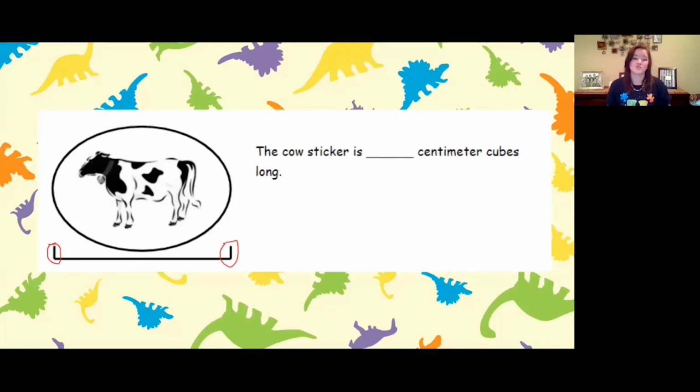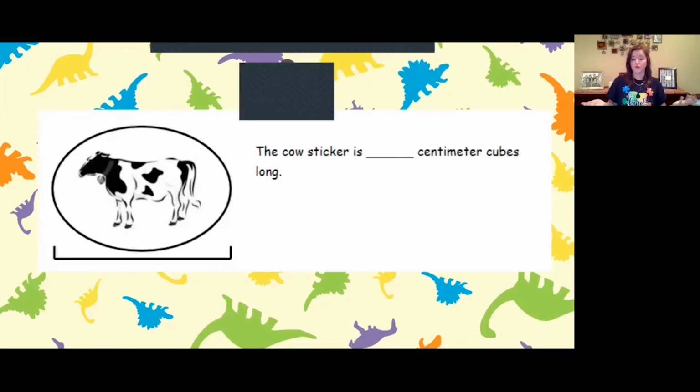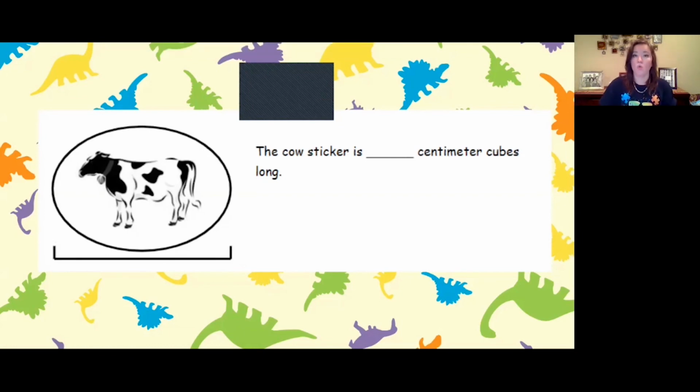All right, so now I'm going to ask you guys to take those manipulatives that we just made and practiced measuring with. We're going to do the same thing with them. Whatever screen you're looking at, you're going to hold them up and go from endpoint to endpoint. I'm going to mark where my endpoints are so you guys can see where mine are.